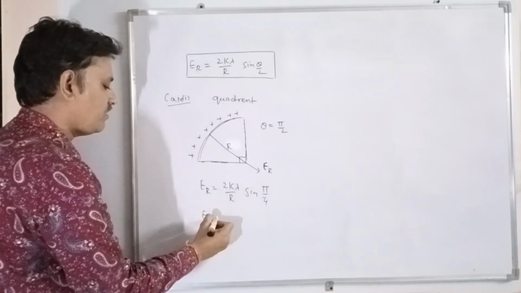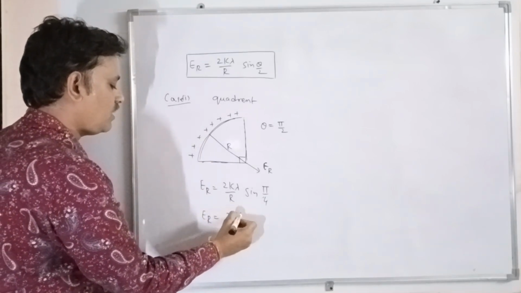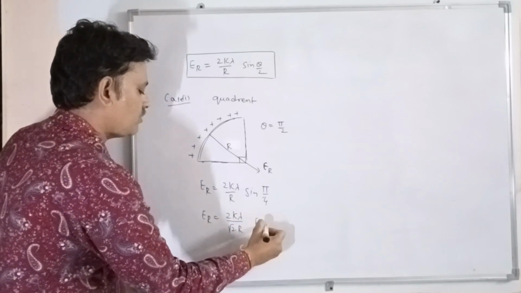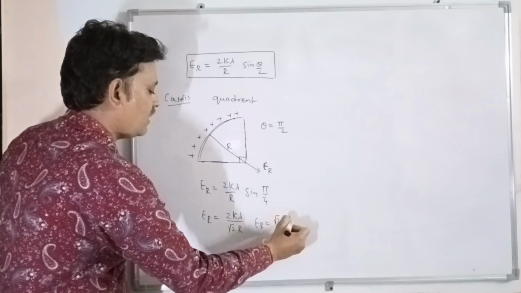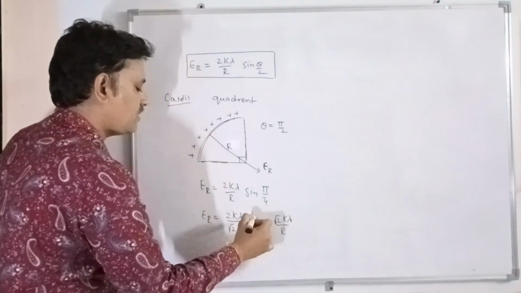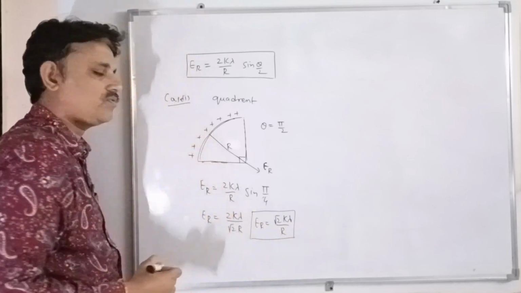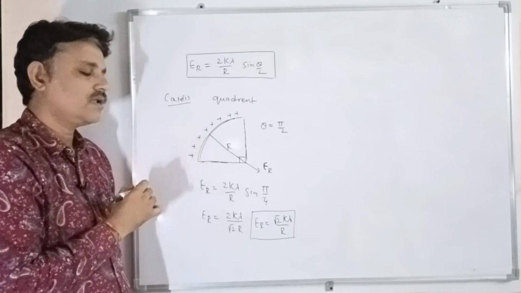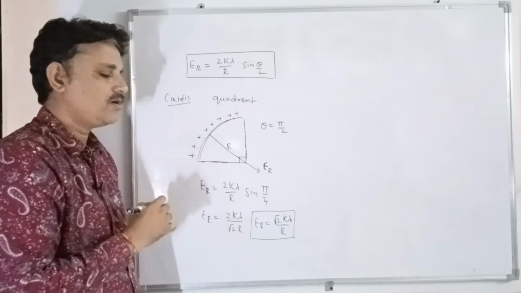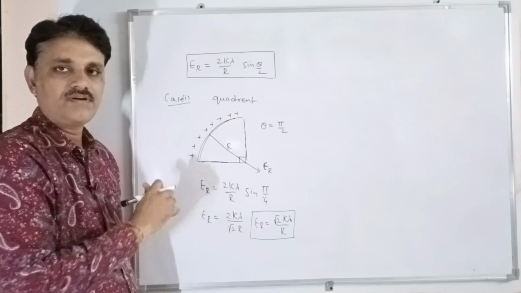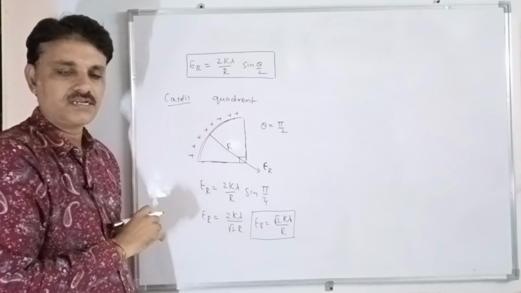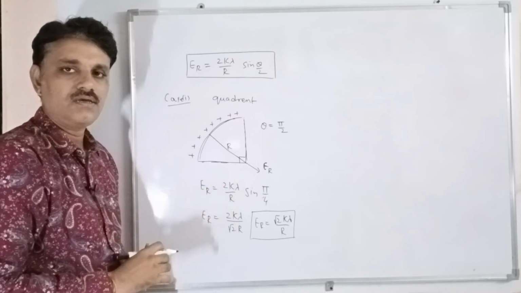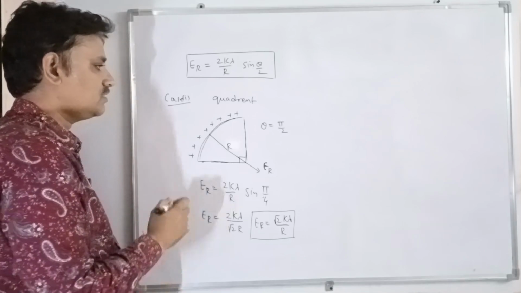So the resultant electric field is equal to 2k lambda by root 2 r, which is ER equal to root 2 k lambda by r. This is the resultant electric field for an arc, a quadrant, making an angle pi by 2 at the center, because sin pi by 4 is equal to 1 by root 2. This is case 1.